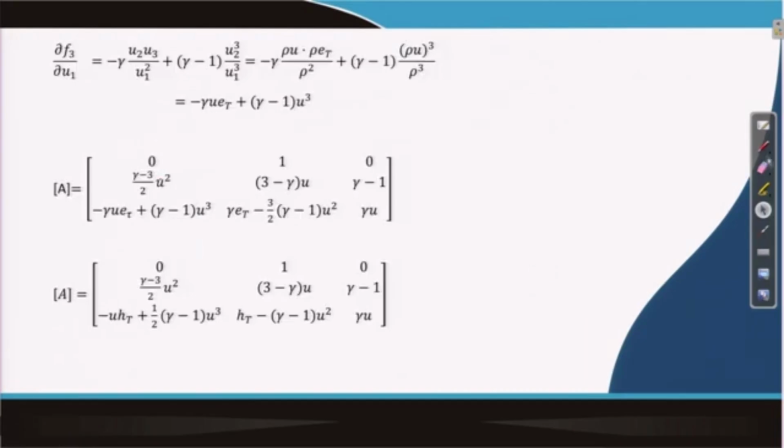So, we have actually done this step already. We have just shown an example once again of one of those partial derivatives.